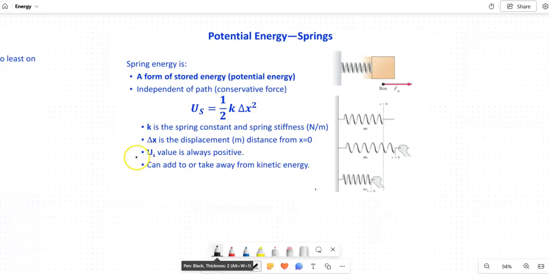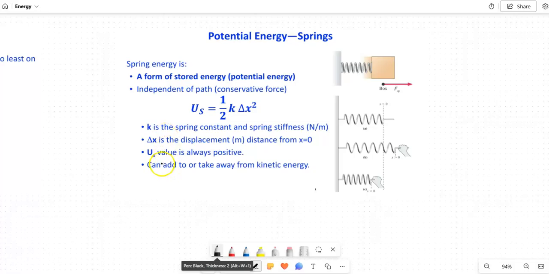U sub S is also always positive, just like the potential energy due to gravity. In our class, we're going to use potential energy due to gravity and potential energy due to a spring. Those are going to be positive values, and also kinetic energy. We're going to make sure those are positive values.